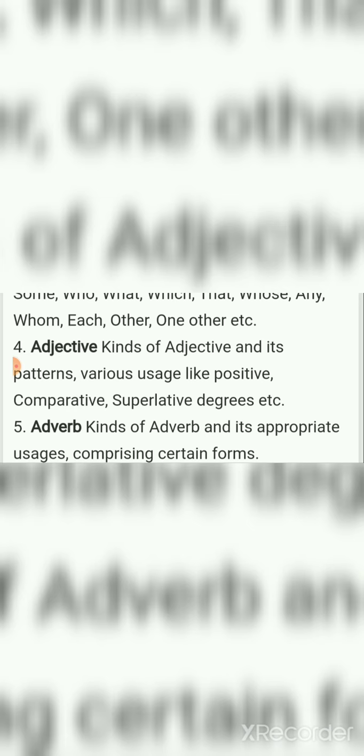Talking about adverbs, kinds of adverbs and their appropriate usages comprising certain forms. So here we are talking about what kind of errors you can get in your examination or during your practice session. It's all about the grammar. For example, if I explain adverb, the kinds of adverb, its appropriate usage comprising certain forms.